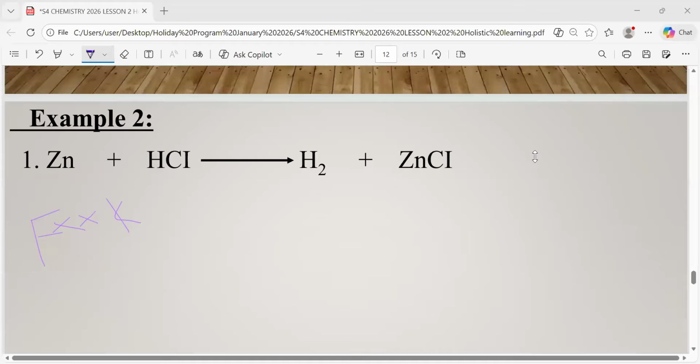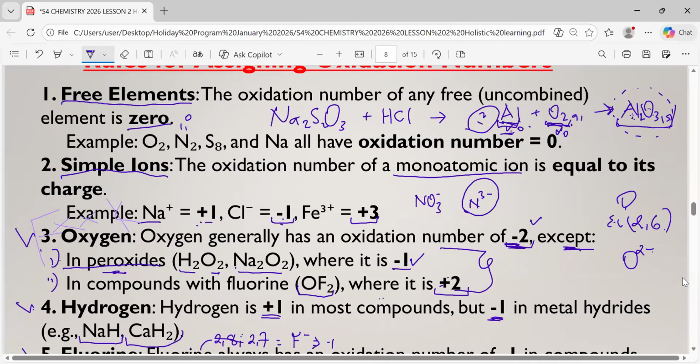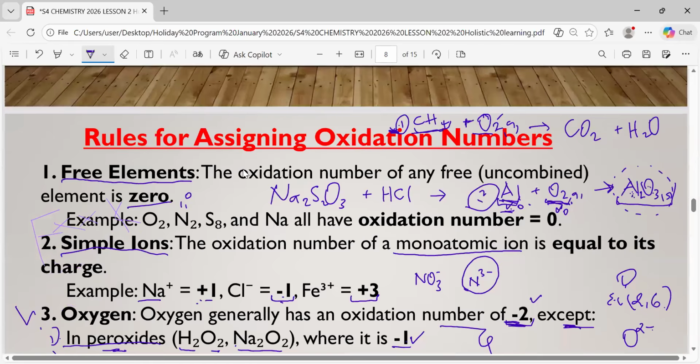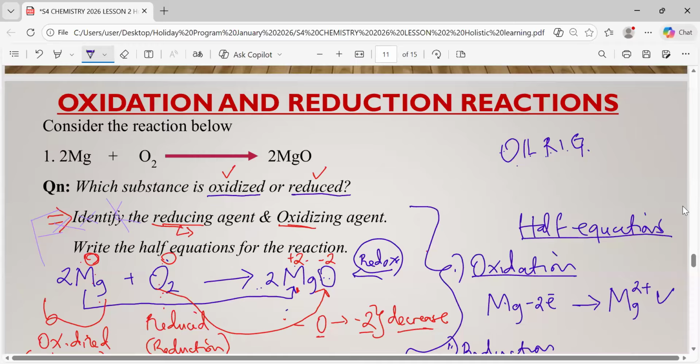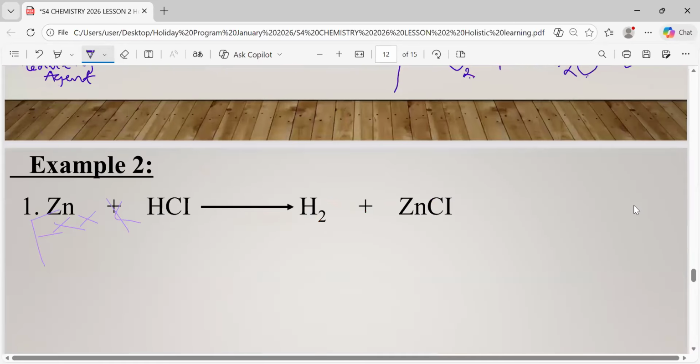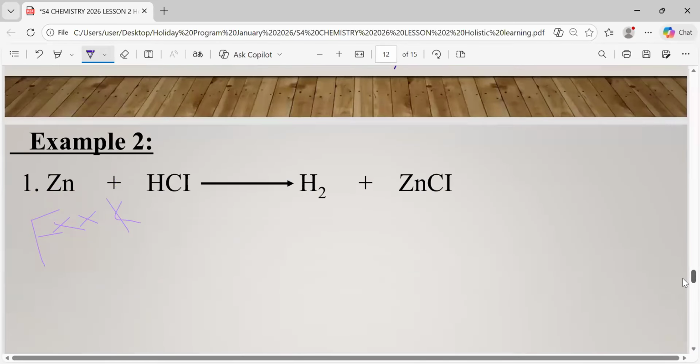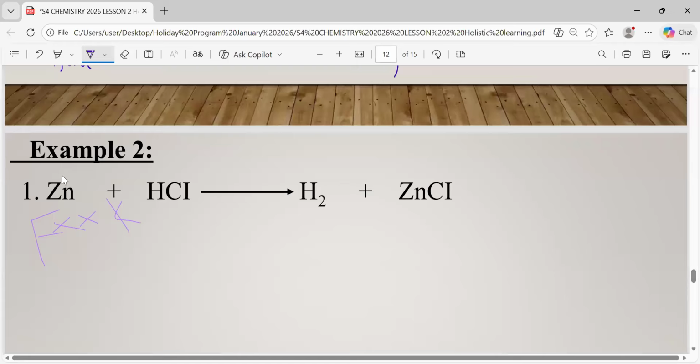For free elements, and it is uncombined, 0. We say that for free elements, the oxidation number of any free or uncombined element is 0. And therefore, since in this equation zinc is not combined with anything, its oxidation state becomes 0.